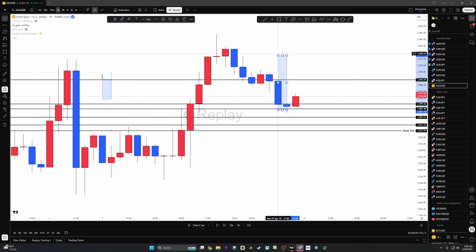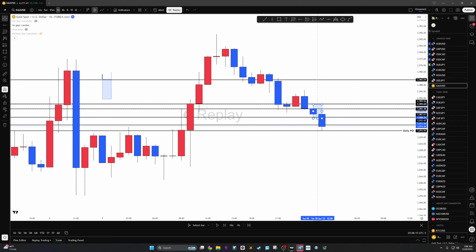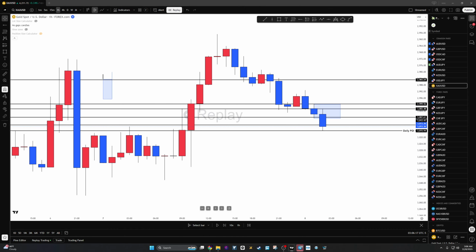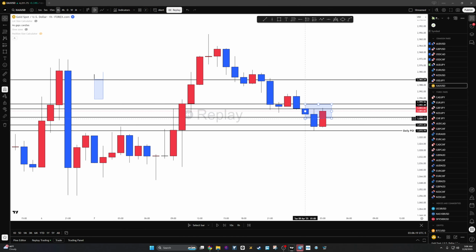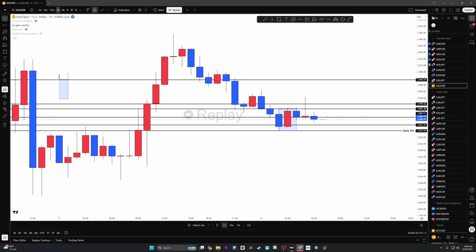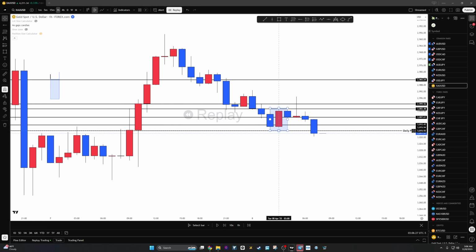This is our new range because we closed below it, below the previous range. We closed below this range. This is our new range. We closed below this, so this is our new range. We closed below, so this is our new range.